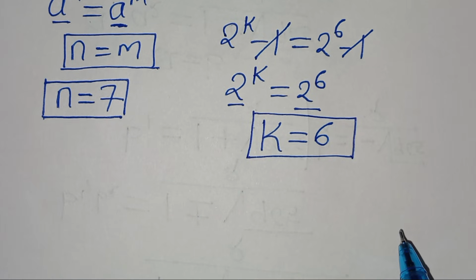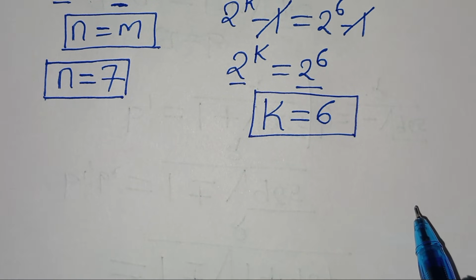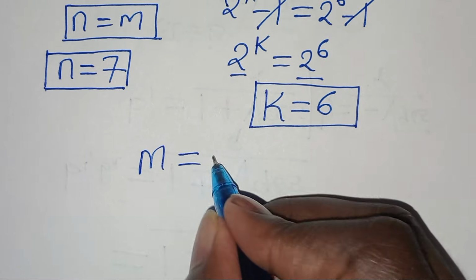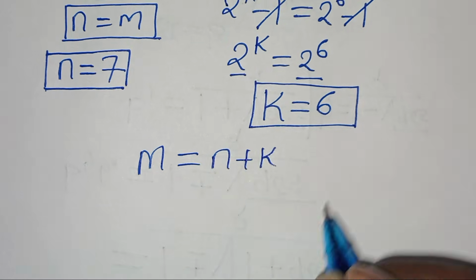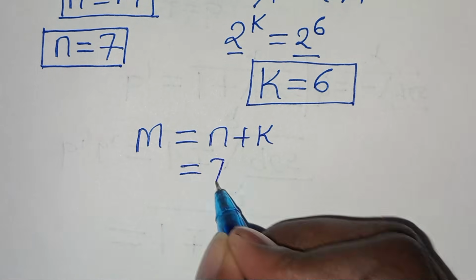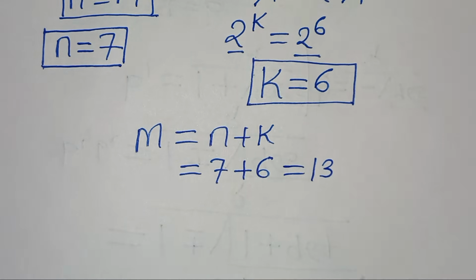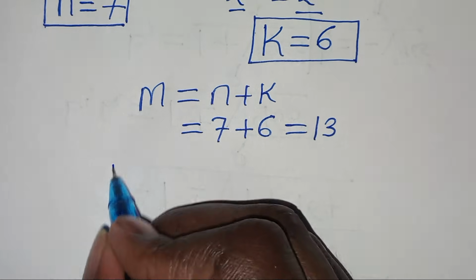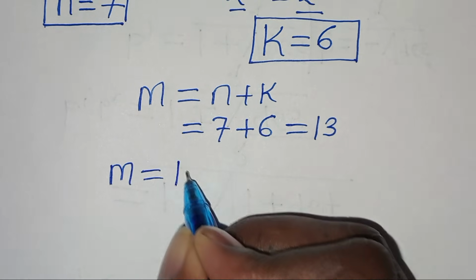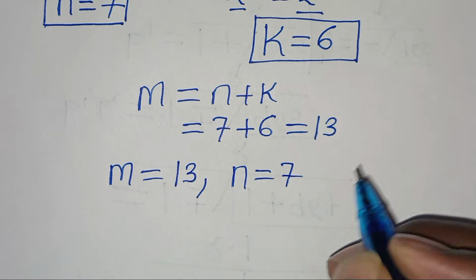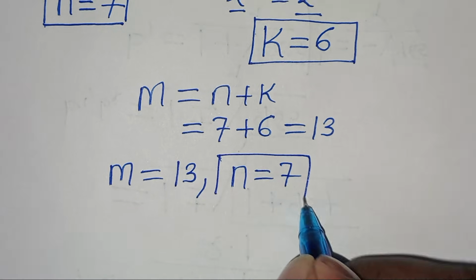Now we have the value of n and we have the value of k. So this means that m is equal to n plus k, and this is equal to 7 plus 6, and this is equal to 13. So we have the value of m is equal to 13, and the value of n is equal to 7.